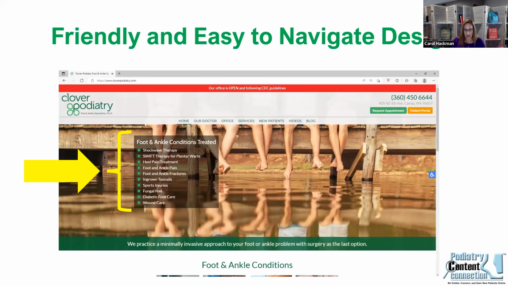This is one of our clients. As you notice, it's very easy to see some of the top things that they treat. Because patients, when they are looking for a problem, some of them don't even know the word podiatrist. I know that sounds super silly to us, but it's true. They're going to Google what is bothering them, whether that's heel pain, foot pain, or ankle pain.